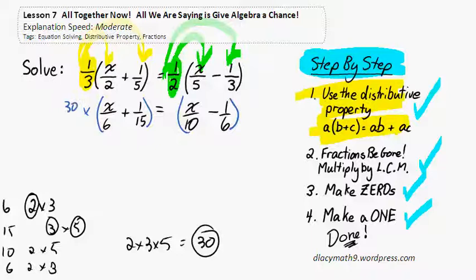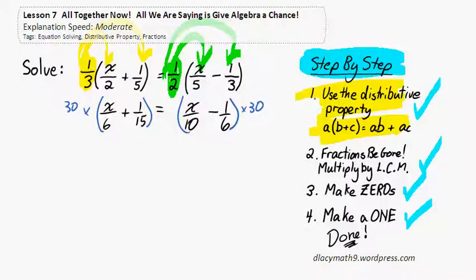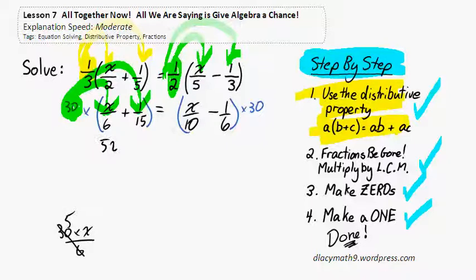Times 30 on the left and times 30 on the right. So here we go. 30 times x over 6 followed by 30 times 1/15. Well, 30 times x over 6 is the same as 5x. And 30 times 1 over 15 is the same as 2.